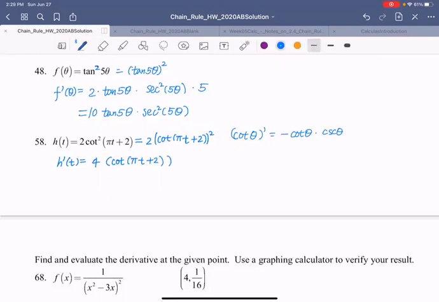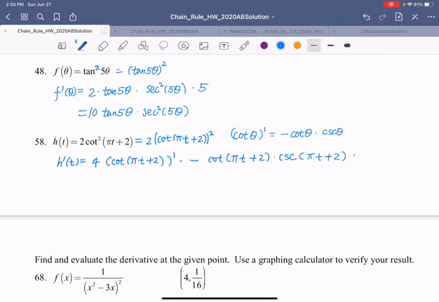Times negative cotangent. The derivative of cotangent is negative cosecant squared, okay? So times negative cotangent of pi t plus 2 times cosecant of pi t plus 2, right?